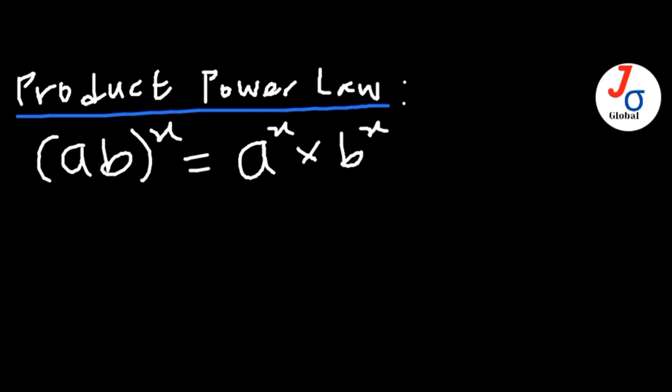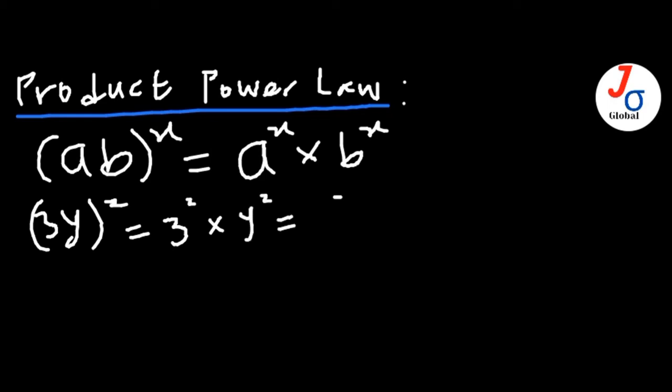So let me take an example to make you understand this properly. Let's say 3y all raised to the power of 2. Basically, what that law is saying is that it will have to be 3 raised to the power of 2 multiplied by y raised to the power of 2. And that has to be 9y squared.